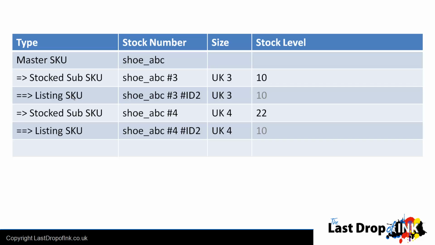We've got a stock sub SKU for UK size 3, and we've got 10 of those in stock. Then on the third row down we've got a listing SKU, and you'll see that it's got a different stock number and the stock level is in grey. That's crucial because that means our listing SKU, the SKU for the second eBay account, inherits the stock level from its parent, which is the sub SKU.